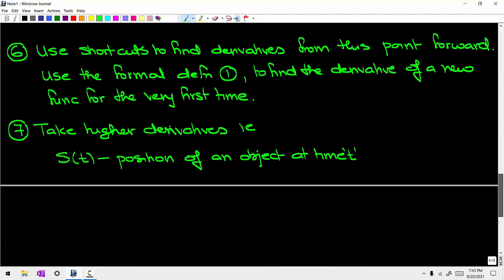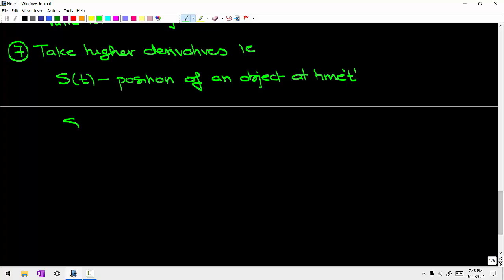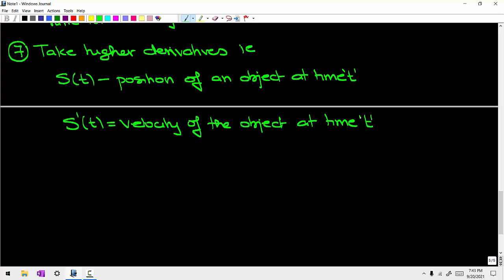So when I take the derivative of position, we end up with velocity of the object at time t, and we can denote it by v of t.